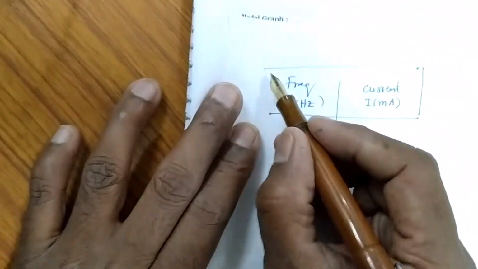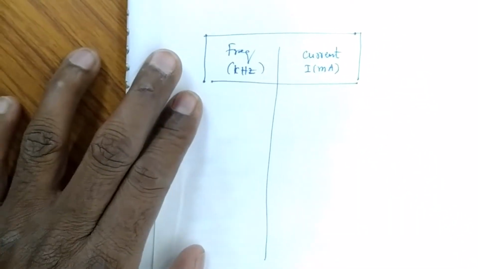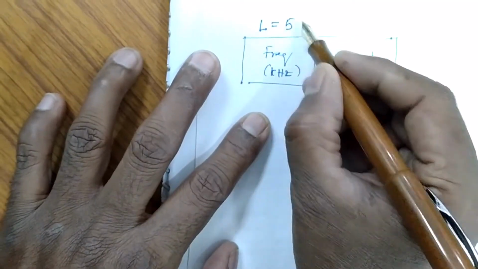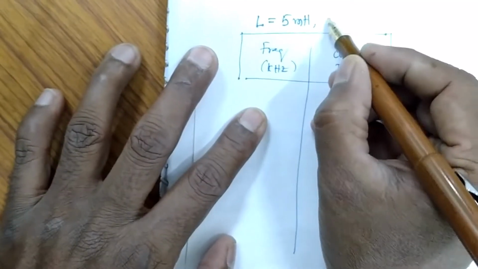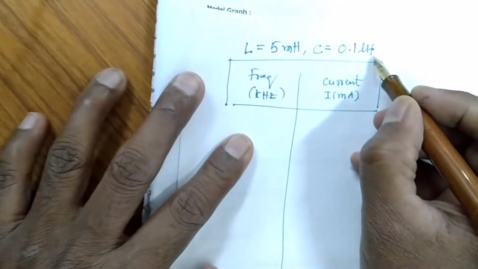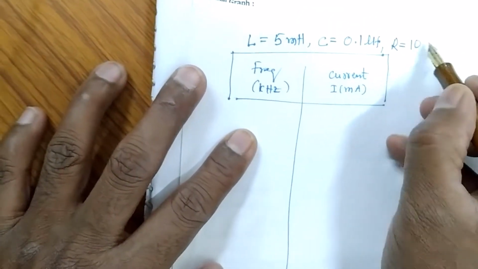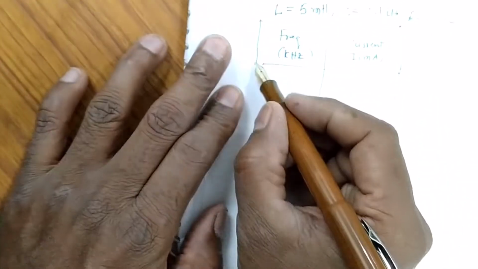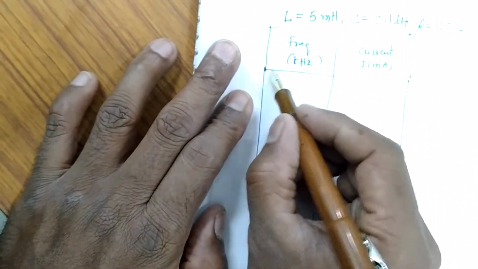But for practical and theoretical checking, I note down the L value. Here I am taking 5 millihenries, and C as 0.1 microfarad, and R as 100 ohms for this set of readings. Then I note down various values of the frequency.